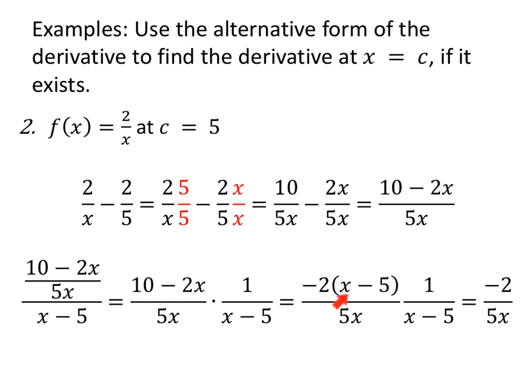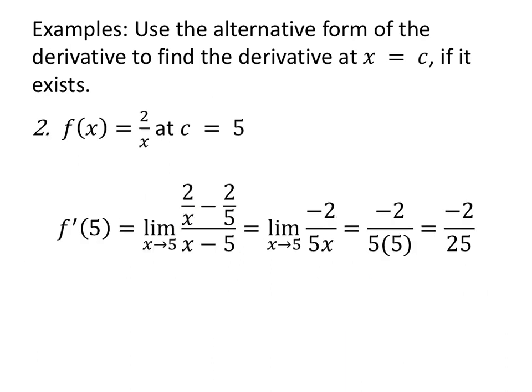When I factor out a negative 2, I'm left with a positive x and a negative 5. But that x minus 5 cancels the x minus 5 that's in our existing denominator. I still have my negative 2 times 1, which is negative 2. I'll have my 5x in the denominator.